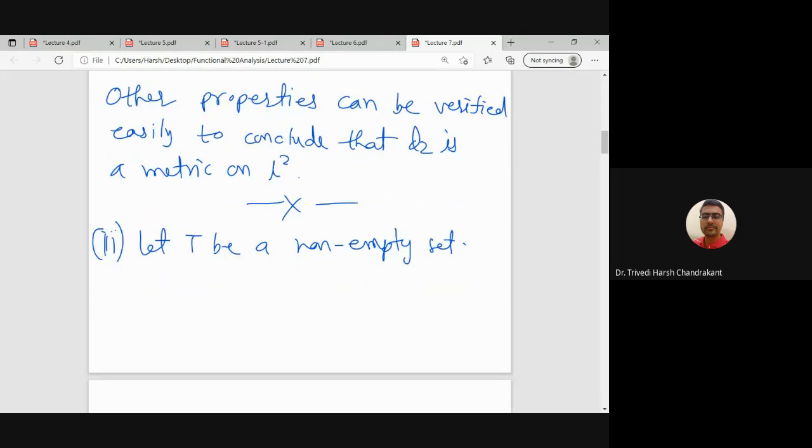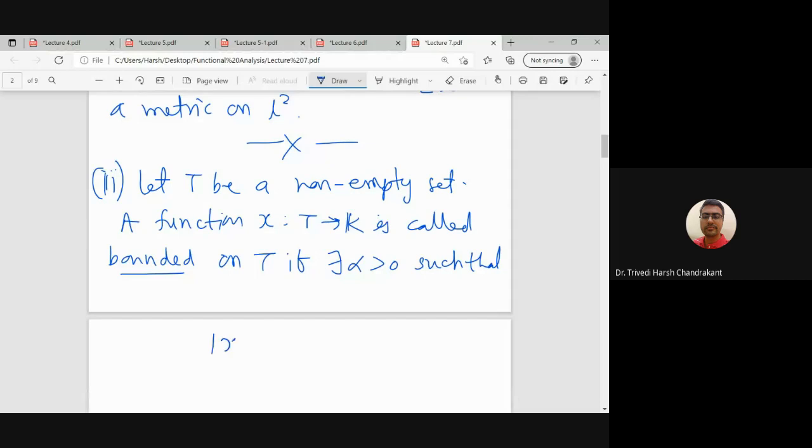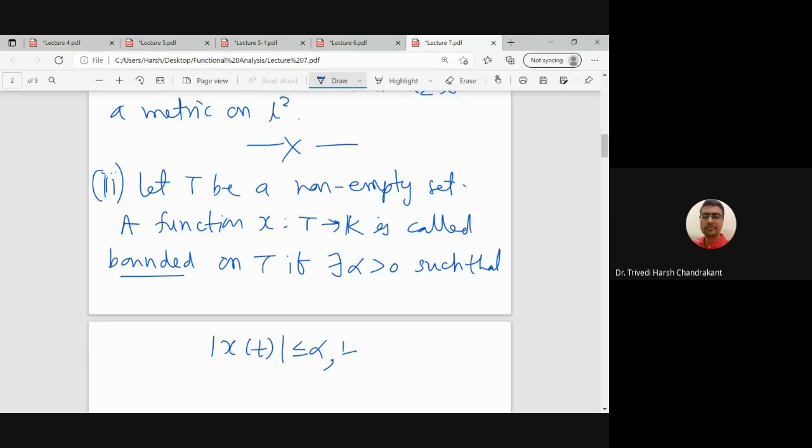Over any non-empty set, we can define a function x from T to K. So this scalar valued function is called bounded on the entire domain if there exists some bound such that modulus x(t) is less than or equal to this particular number for all t in T. So this capital T is a fixed set.